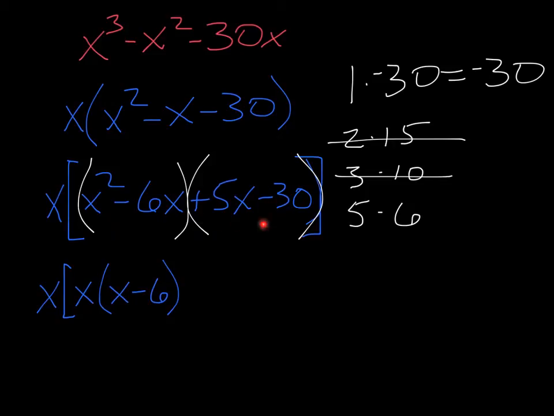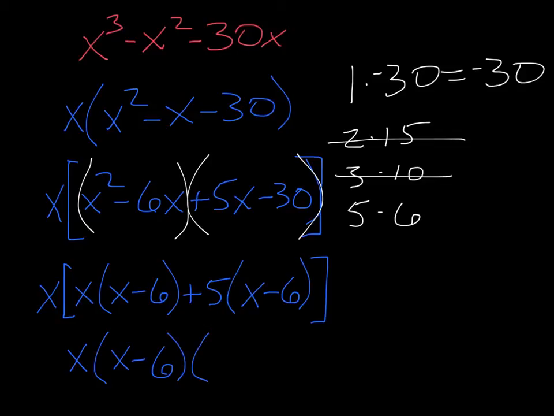We're going to factor a positive 5 out of this group, so make sure you write plus 5, and we'll be left with x minus 6. Okay, the next step would be to factor out the x minus 6 out of both of them. Again, don't forget about the x we originally factored out. So we have the x minus 6, and we're left with an x plus 5. Again, make sure that you can FOIL this all the way back, FOIL and distribute to get the original polynomial.